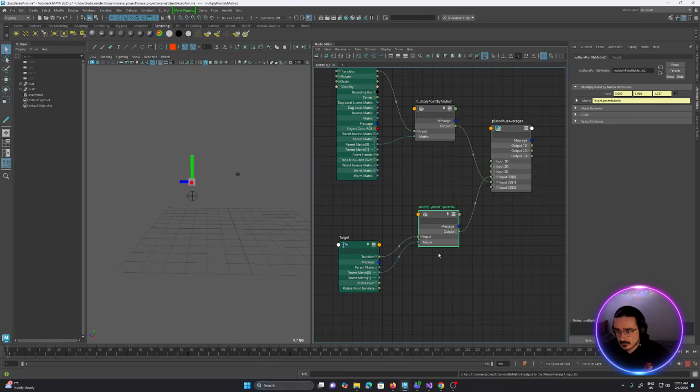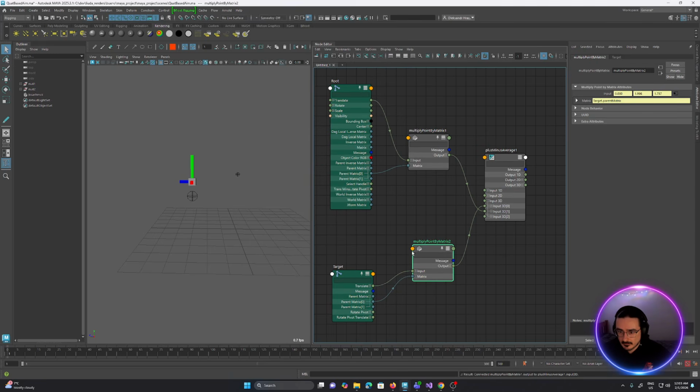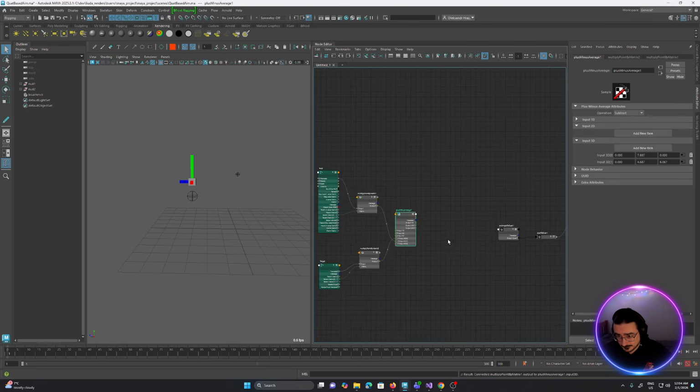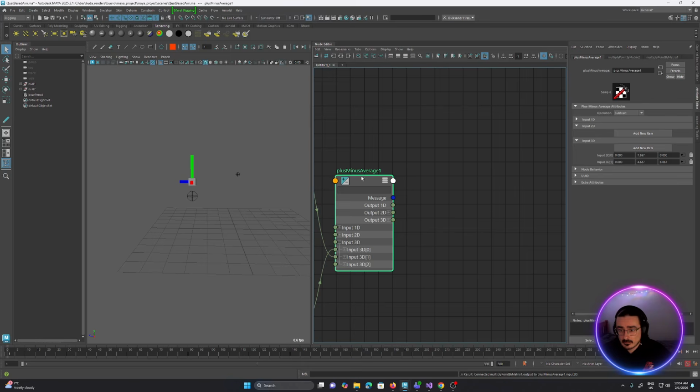The input 0 would be my target world position, and input 1 would be my root world position. So that would give me my world space delta.